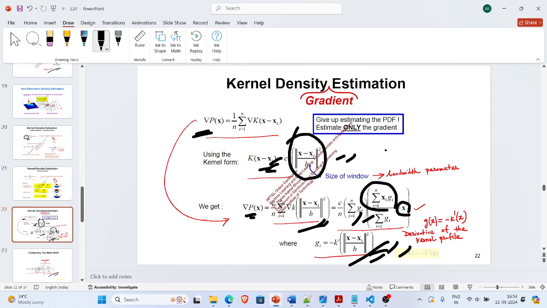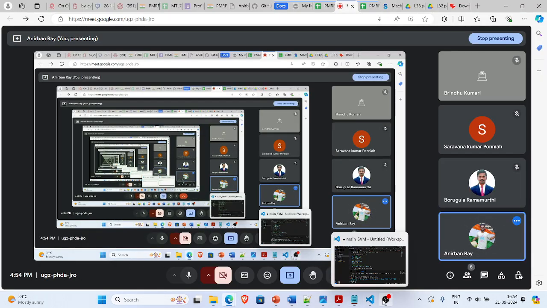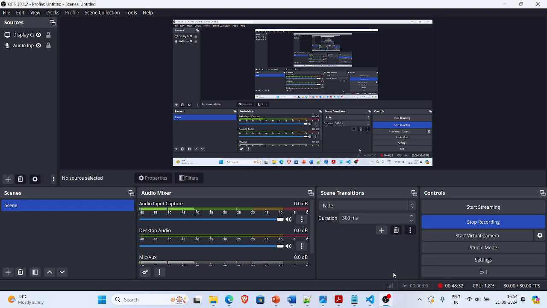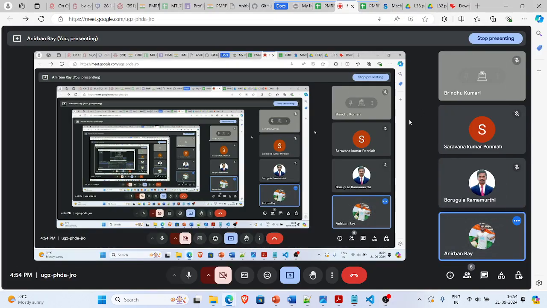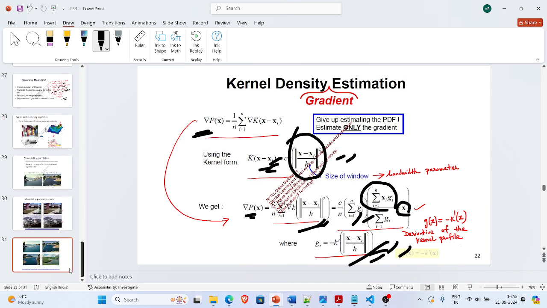If it is square then it is simple, but from the derivative, as you can see, we get the non-square terms. Any doubt?